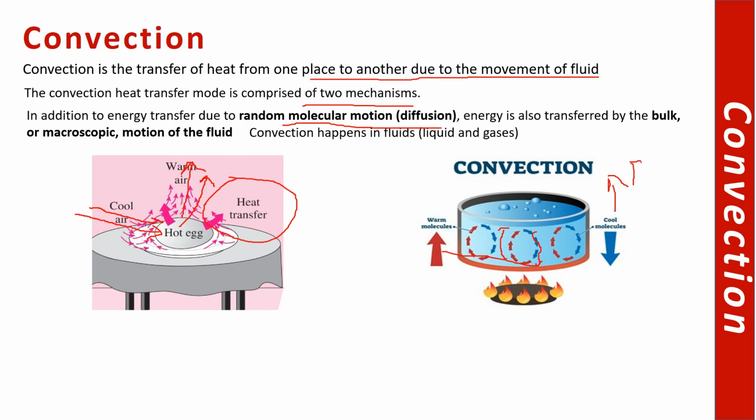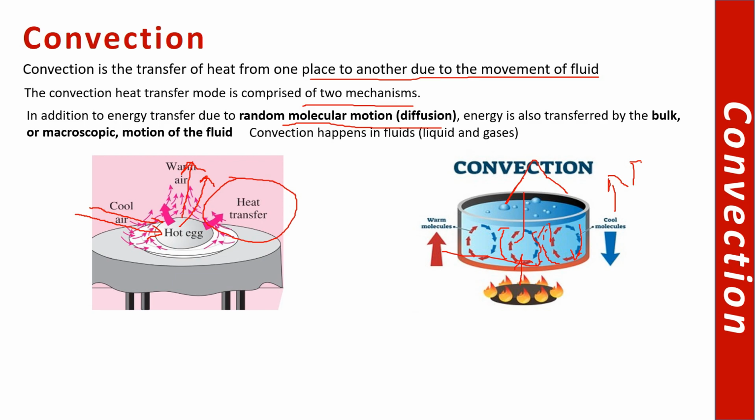But how does the heat transfer take place? It is due to the actual motion of the molecules from one area to another within the same medium. Before, it was between the surface and the fluid. In this case, it is within the same medium, the entire medium is water.